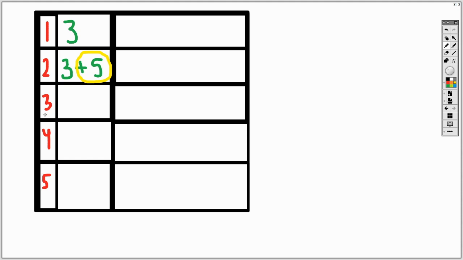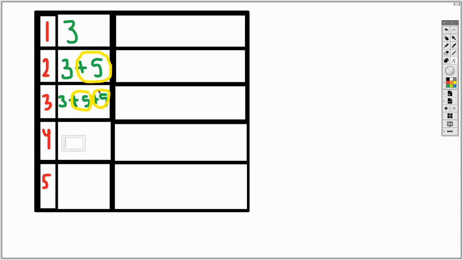So what do we do in our third number? Same exact thing, but 3 plus 5 plus 5. So this time we added 2 fives. And then I think you can already see the pattern.